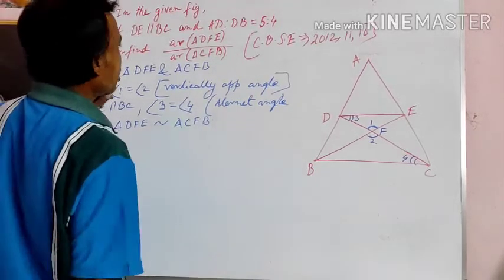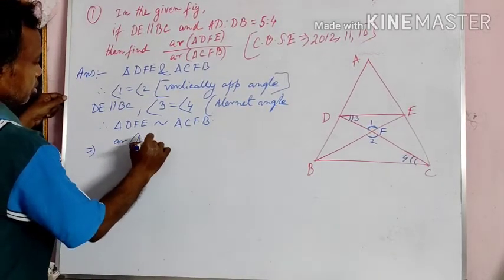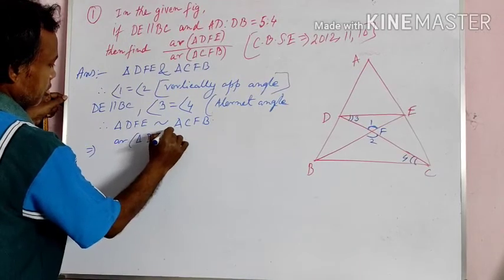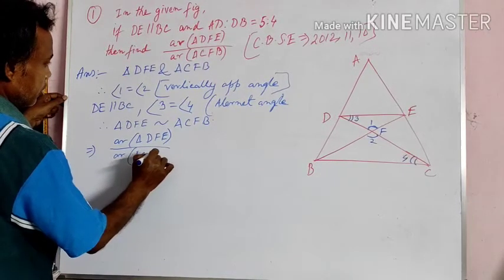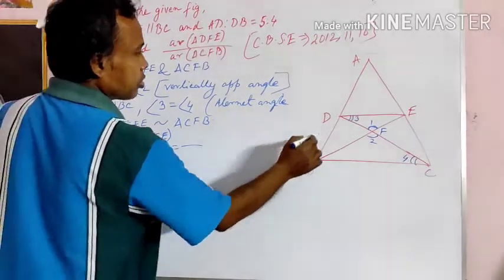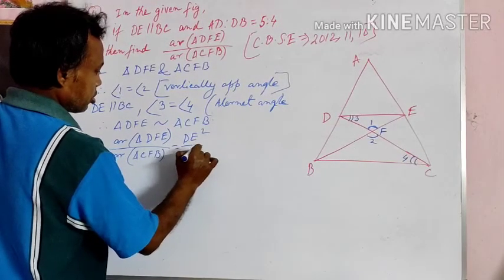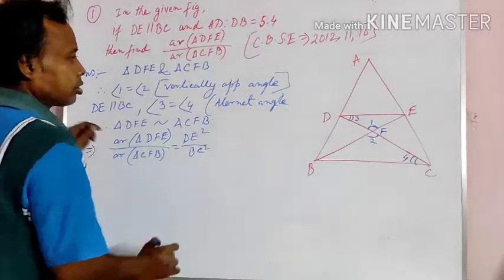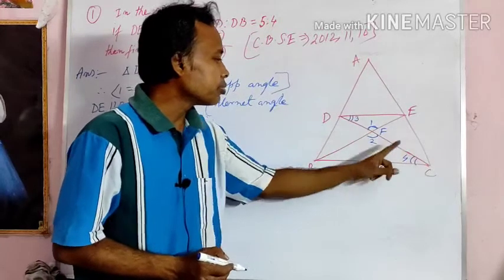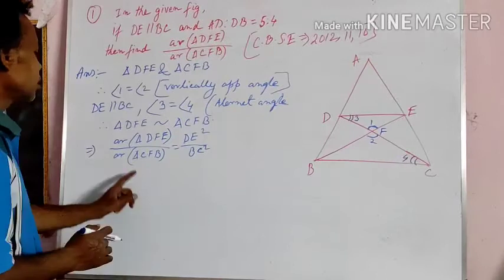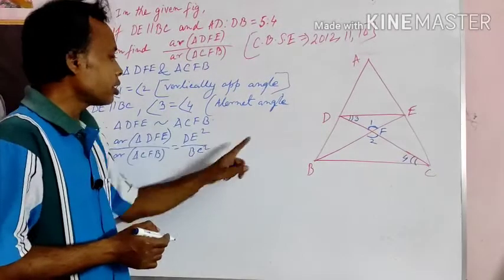Since the two triangles are similar, therefore we can write area of triangle DFE by area of triangle CFB is equal to DE square by BC square.